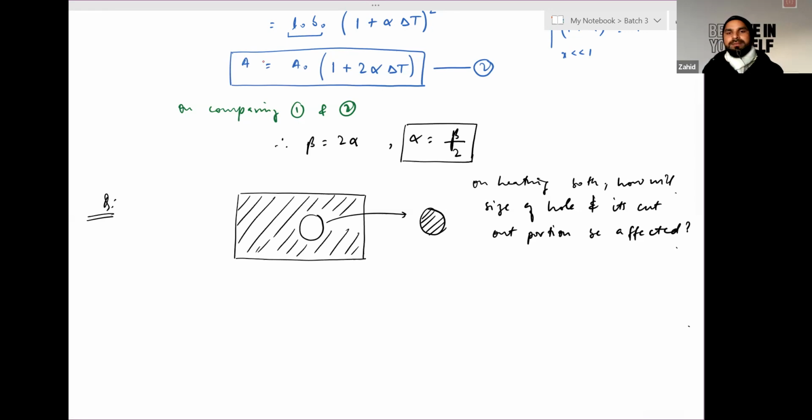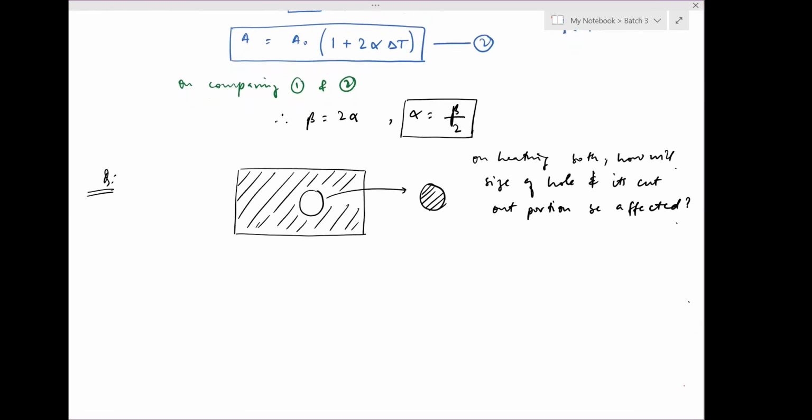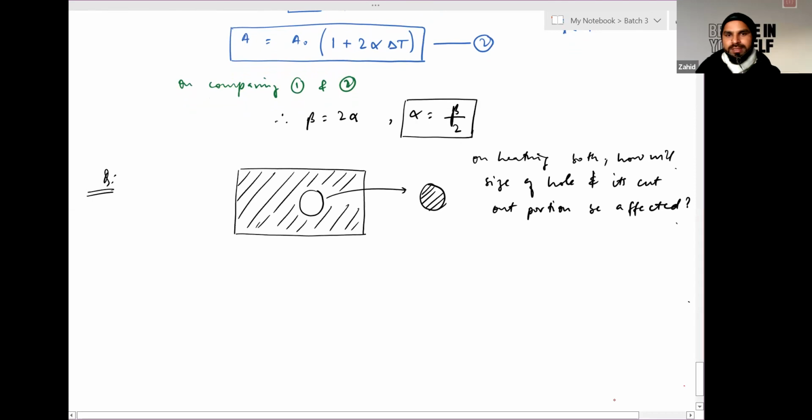Riba, any guess what will happen? The hole will shrink. Okay, hole will get shrink and its cutout portion will start expanding. Yes. Okay.